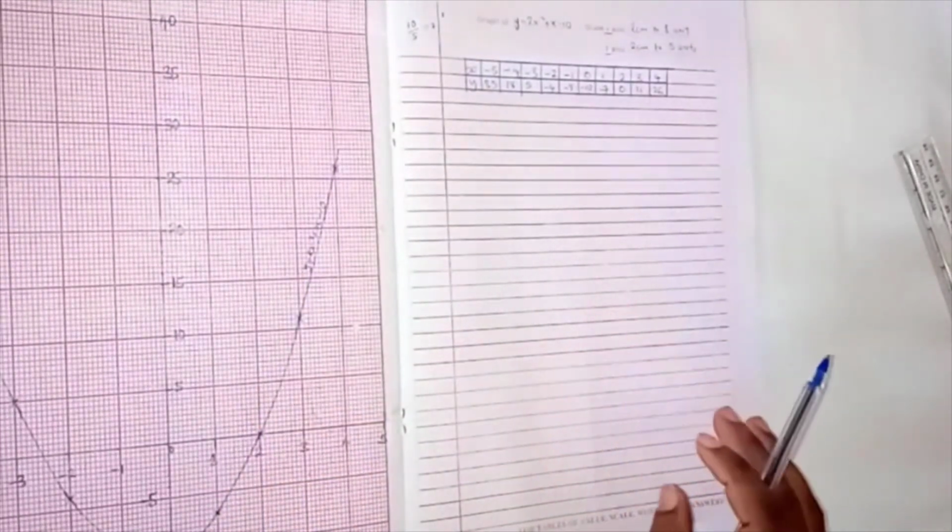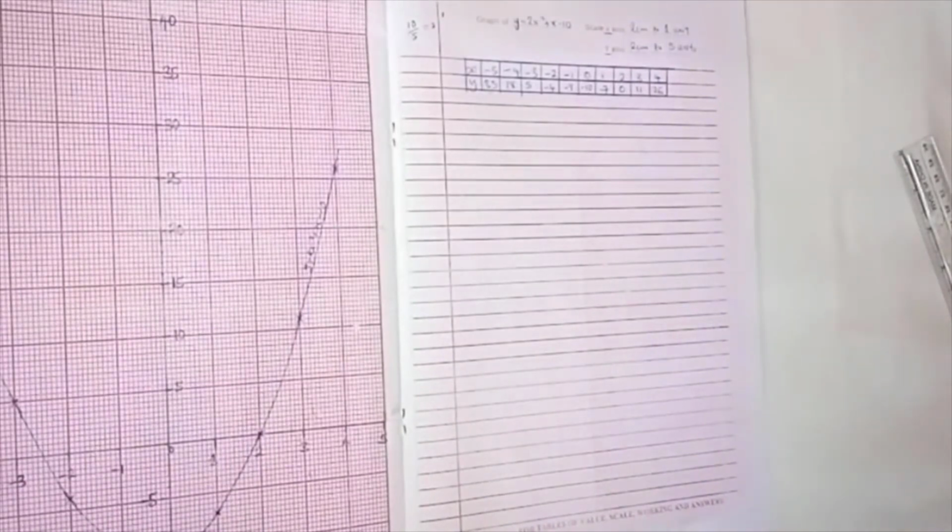Now what's the next thing for us to do? Question B, that's for the same 11b, okay, which is this.